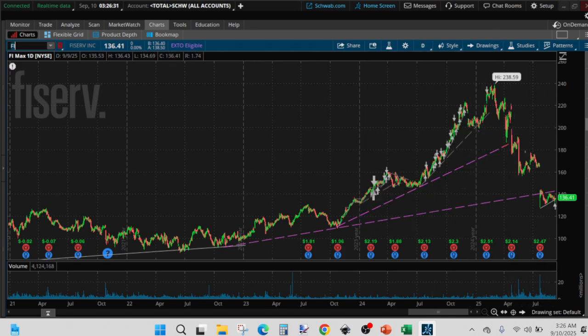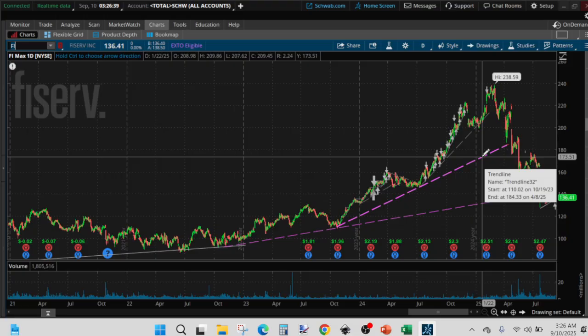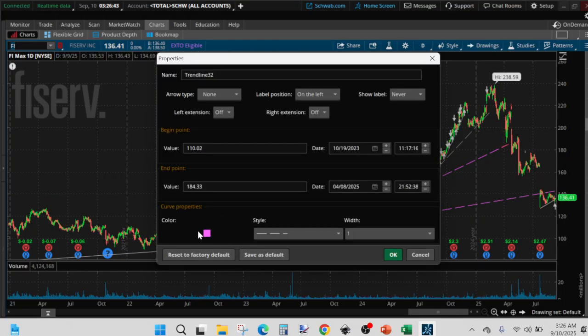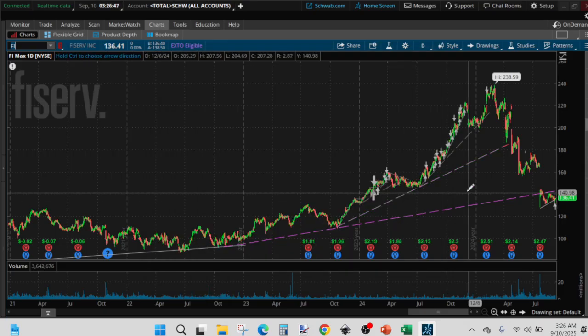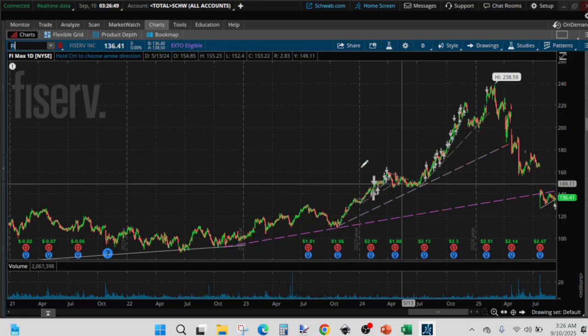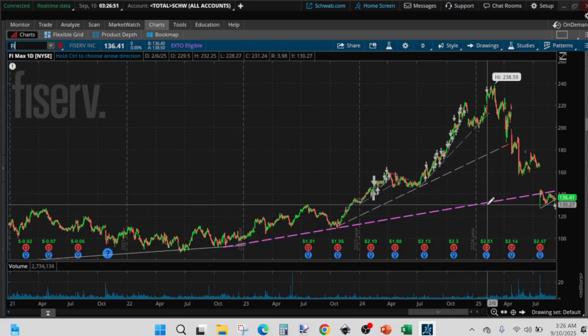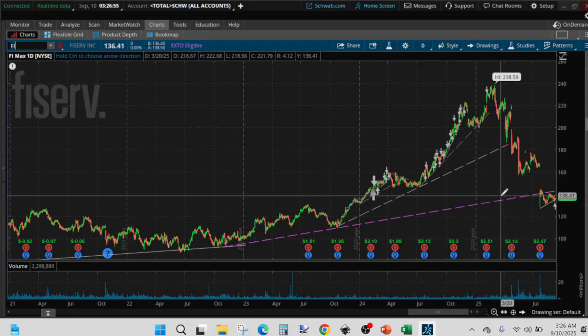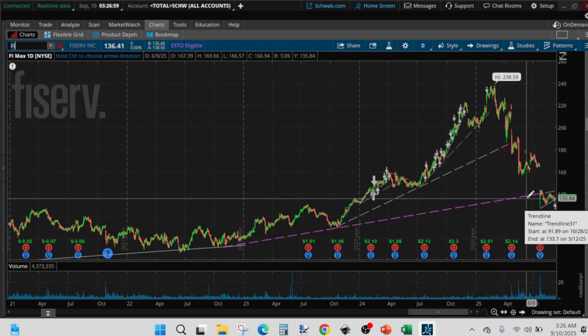one is FI. So FI, we have 2 lines here, and at this point I could easily turn this one into a gray color, the default color, and just keep the purple one or the one that I highlighted to be the line that I would like to buy on.